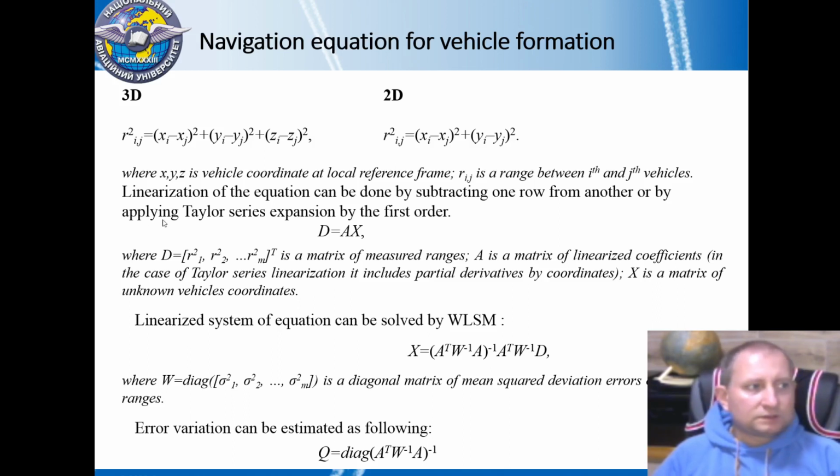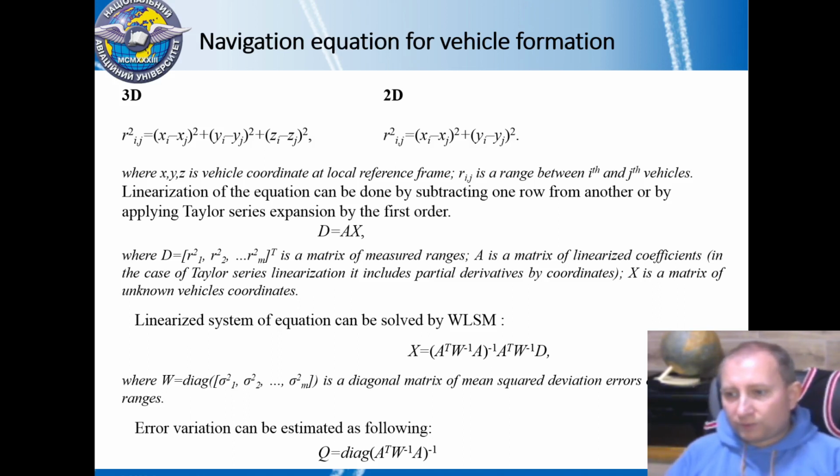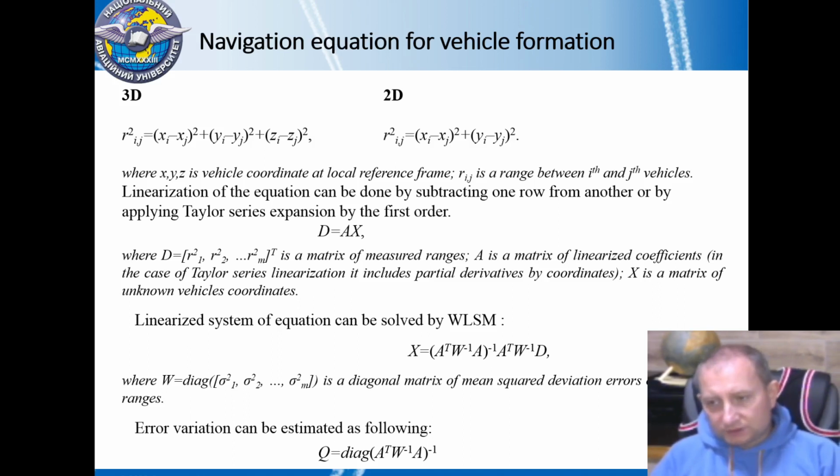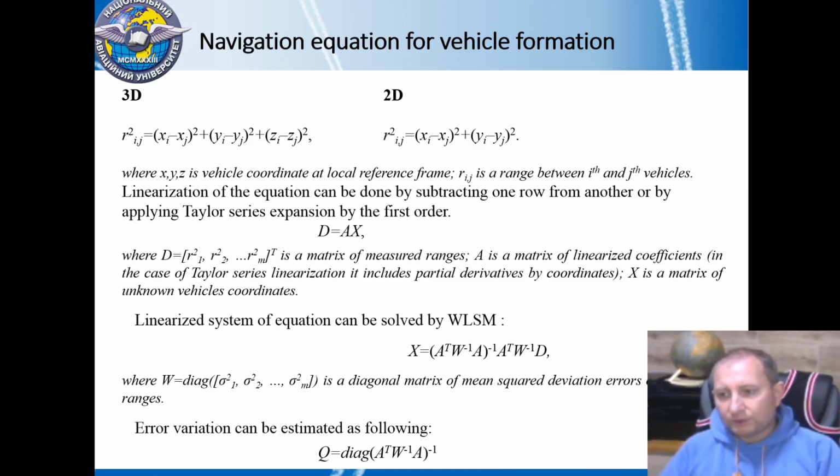Another case is the usual use of Taylor series expansion. That's why we can represent this equation in Taylor series expansion, and then just form particular matrices to solve our linear equation.